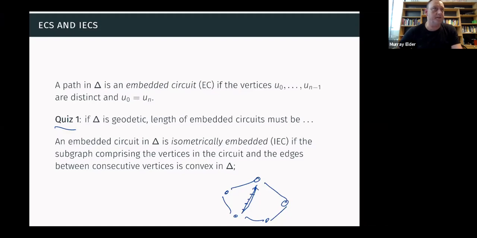Okay, so I think that's what you're thinking, Mikhail, isometrically embedded circuit. So now if I ask quiz 2, which I haven't got, the same question, the length of isometrically embedded circuits.